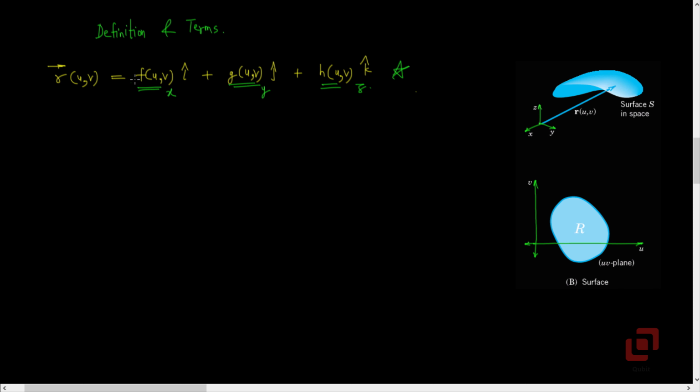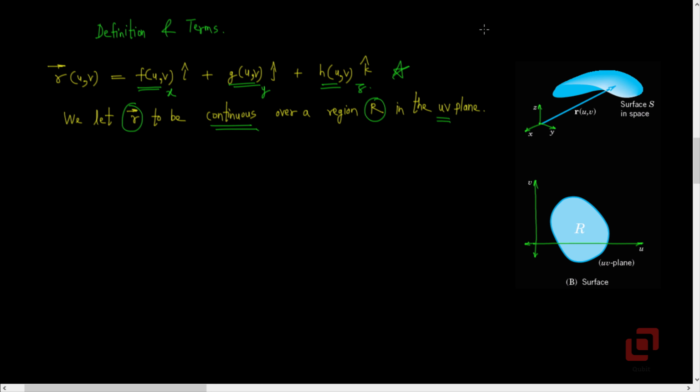As we do with any function, we will now talk about the domain and the range of the surface. We let the position vector r bar be continuous over a region R in the uv plane. So what is R? R is a subset of the uv plane from which we are picking the point u comma v, or the ordered pair u comma v.